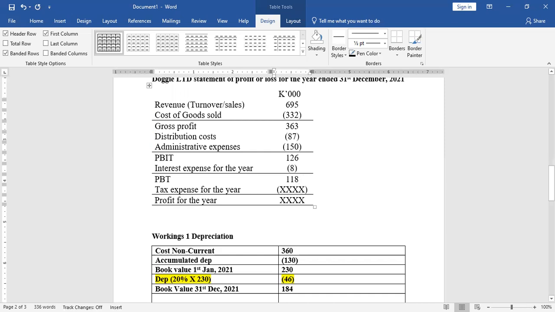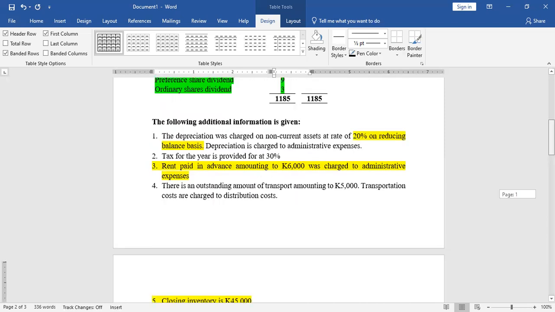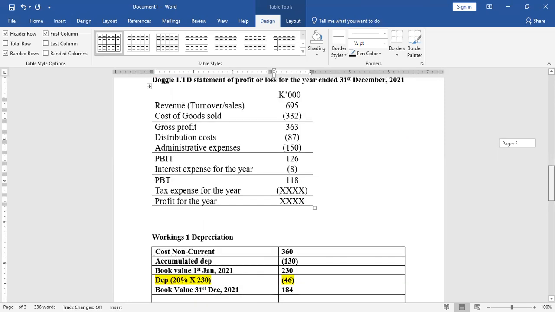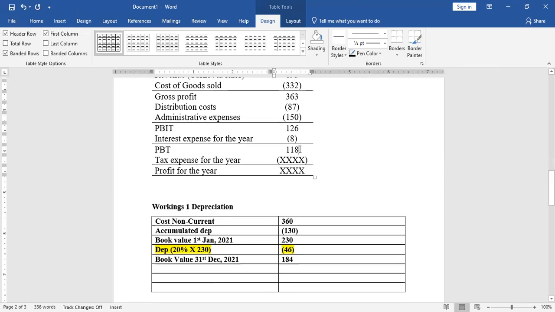Tax for the year, there is a note here which says tax for the year is 30%. So when we say tax for the year is 30%, it's 30% of the profit before tax. So it's 30% of the 118.